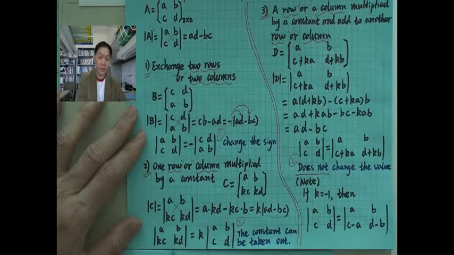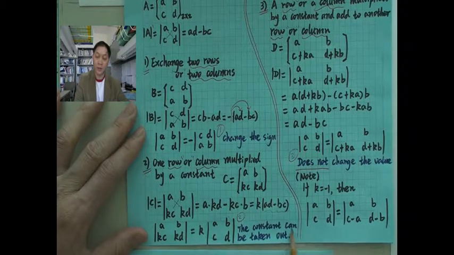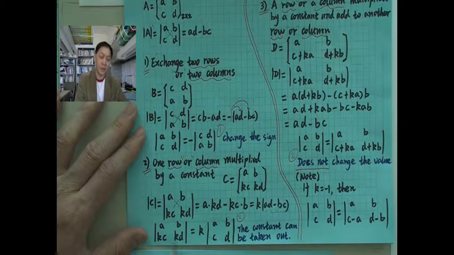So basically here it says that if there is a common factor in a row or in a column, you can pull this K out in front of the whole determinant. So the constant can be taken out.